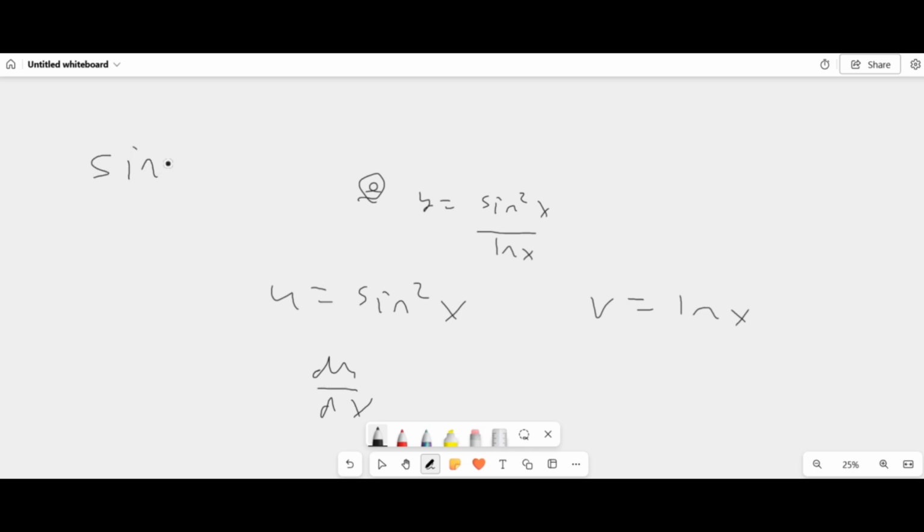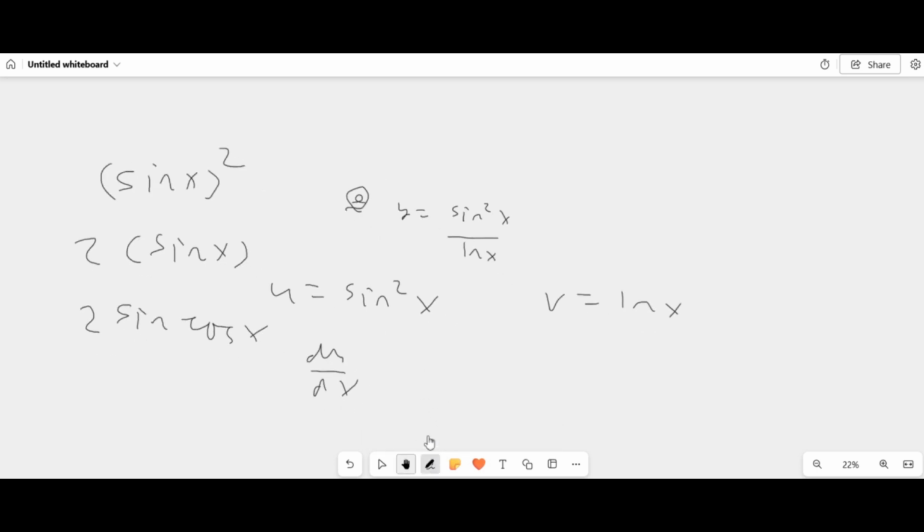You can write sine squared x as sine x all squared, so now you've got a function inside of a function. Differentiate the outside, so bring down the 2, then take away 1 from the power, and then differentiate the inside. The sine differentiates to cos. So it's going to be 2 sine x cos x.